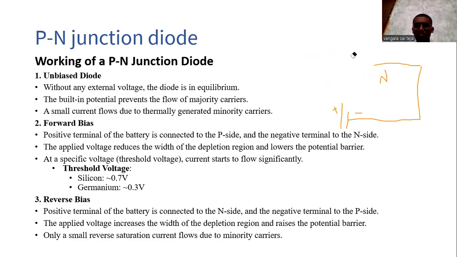Reverse bias. In the reverse bias, the positive terminal of the diode is connected to the negative terminal of the battery. In this image, we can see how the diode is connected to the battery in reverse bias.